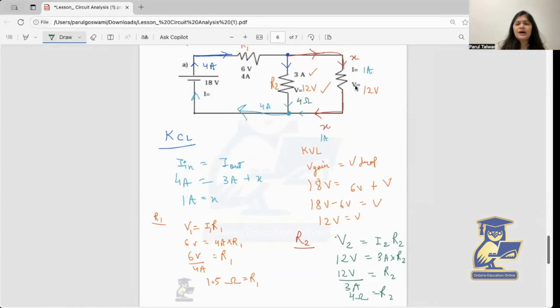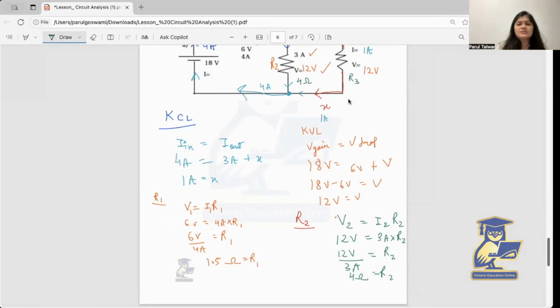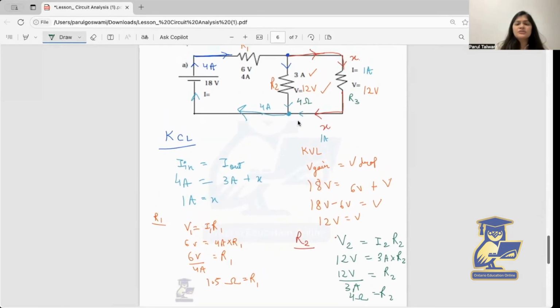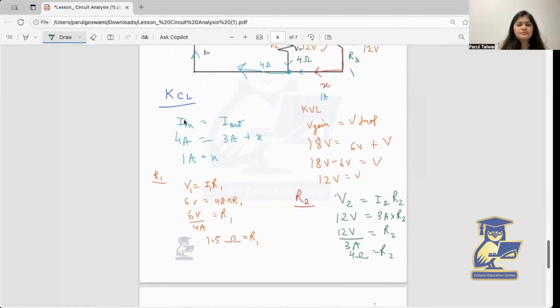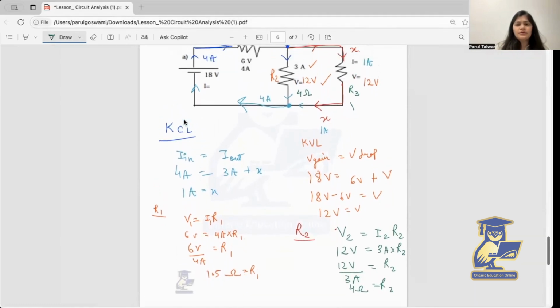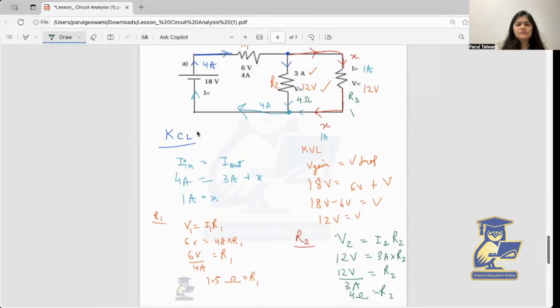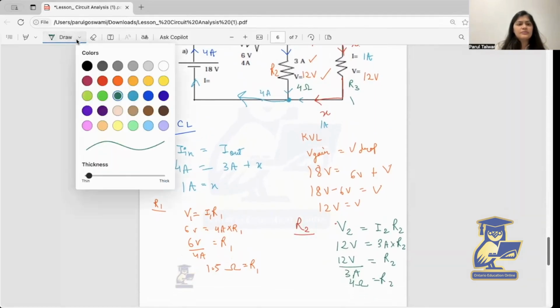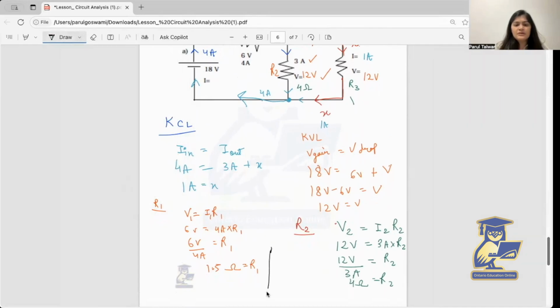Now we have I here, which is 1 ampere, and V3. So we can also calculate the resistance R3. For R3, we can again use V equals IR.